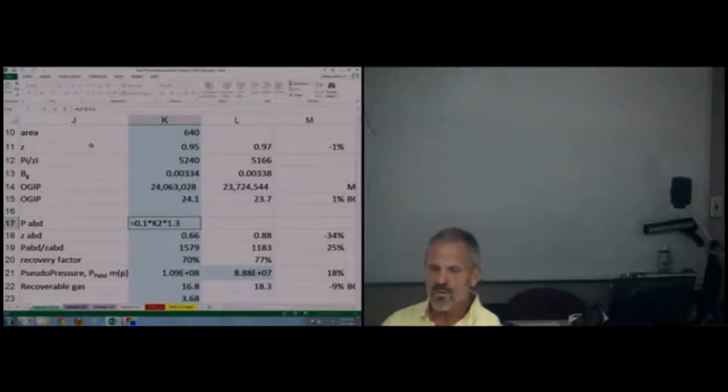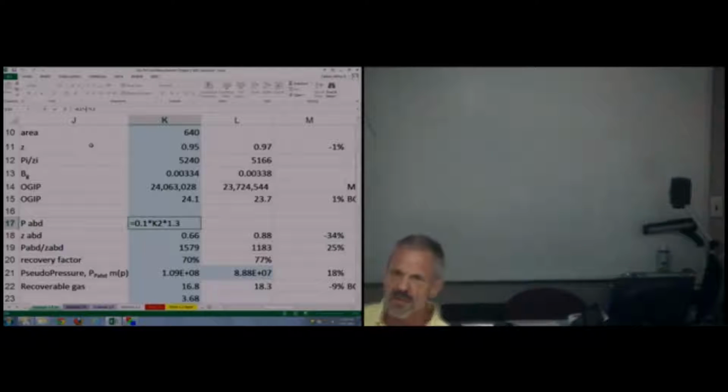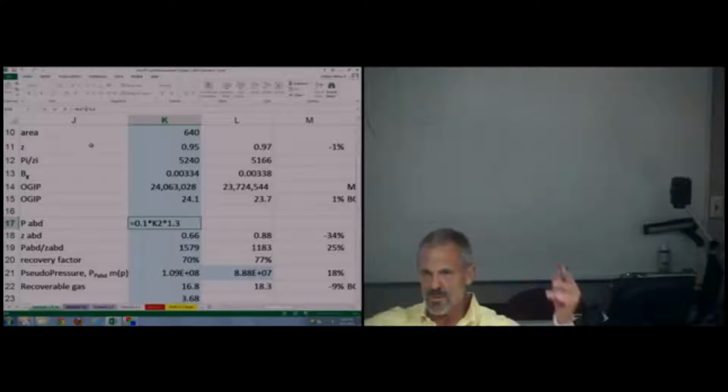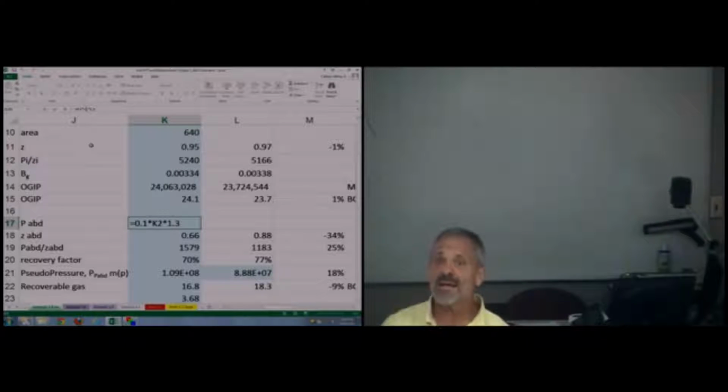No, we're using our surface measurements as givens. But we have oil in our stock tank that used to be gas, and when it was gas, it took that gas and made it heavier. We're just trying to figure out how much heavier.